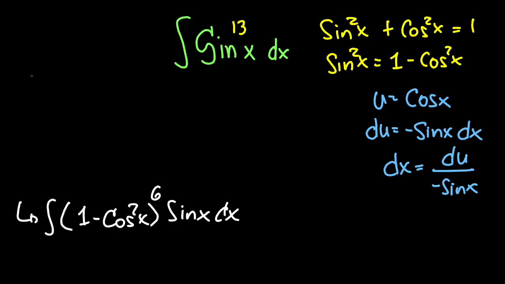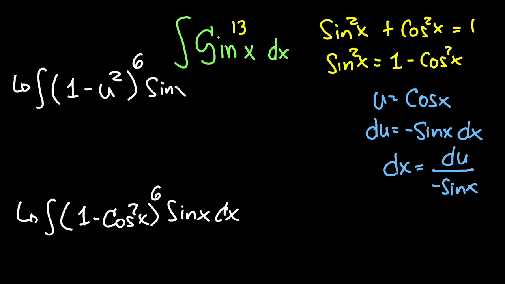Now that we have our values here, we can now substitute it, making this the integral of 1 minus u squared, since this is cosine squared of x, to the power of 6 multiplied by sine of x. And the dx right here is equal to this, which is negative du over sine of x.